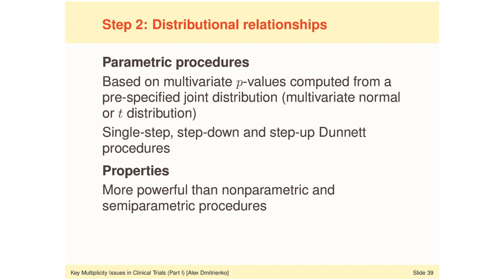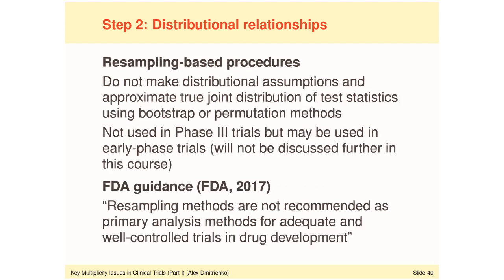Parametric procedures are recommended whenever the underlying parametric assumptions can be justified. For example, when the joint distribution of test statistics is fully known to us prior to the start of a trial. But these procedures will break down, and as a result, the type 1 error rate may not be controlled if these parametric assumptions are somehow violated. So we need to be careful.